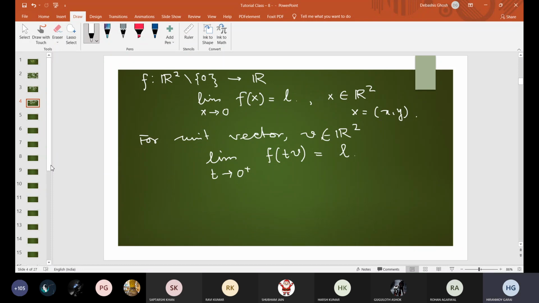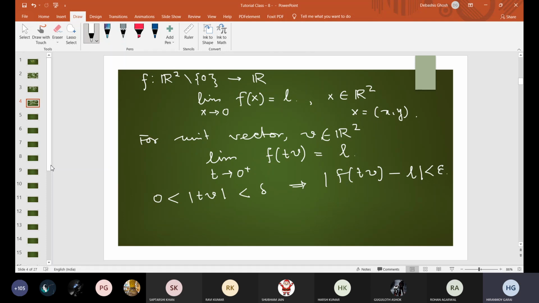And this criterion and that criterion are the same, because if you consider some epsilon greater than 0, then delta greater than 0, then for all those tv satisfying 0 less than mod of tv less than delta, which is always positive because we are considering the mod value, it will imply that mod of f of tv minus L is less than epsilon by this definition.